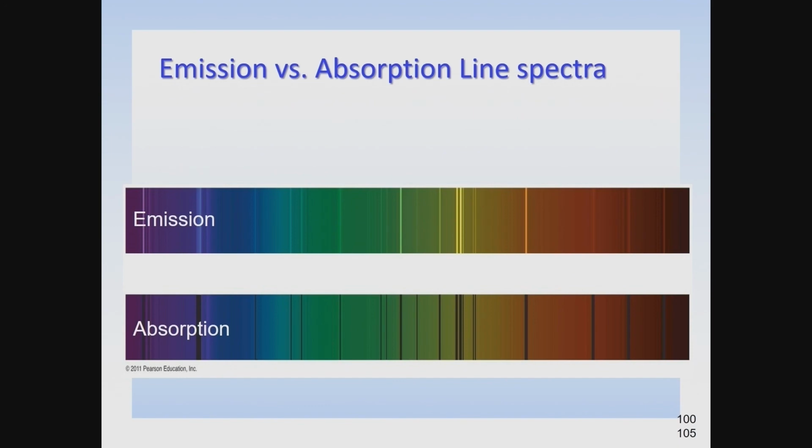And that is creating the bright lines that you see, because when electrons fall from higher to lower energy levels, they're going to be releasing photons, emitting light, and so you should see specific lines of particular wavelengths emitted.